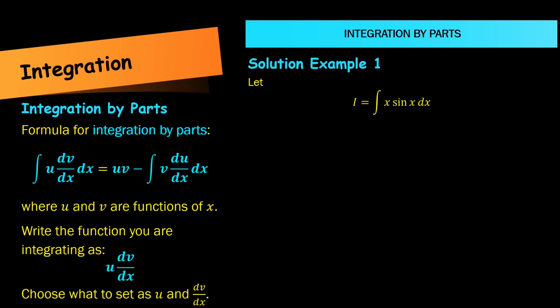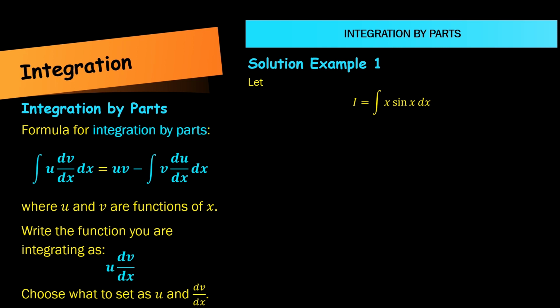So let's solve this. We are required to integrate x sin x with respect to x. So remember that we want to decide what to set as u and what to set as dv/dx. Now, in this integral, you can see that we can easily differentiate sin x on its own.